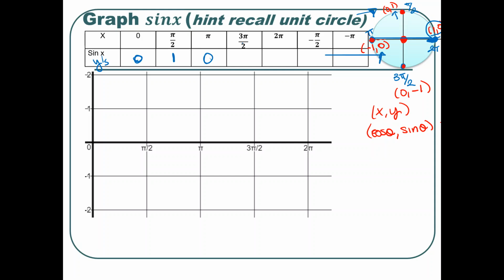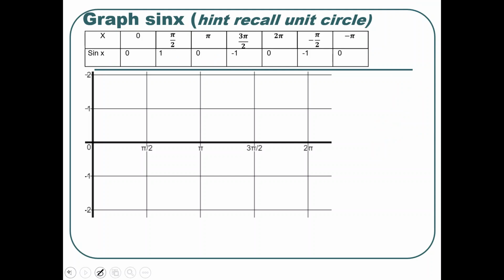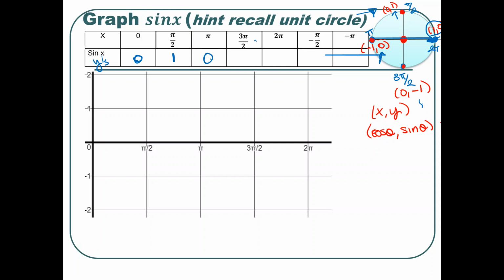At 3 pi over 2, it's right here, and it shows me that my y coordinate is -1. And at 2 pi, my y coordinate is 0. This is the pattern that it will follow.